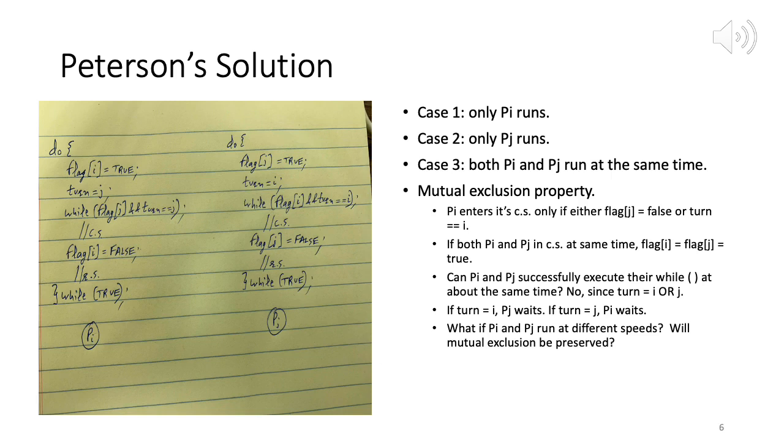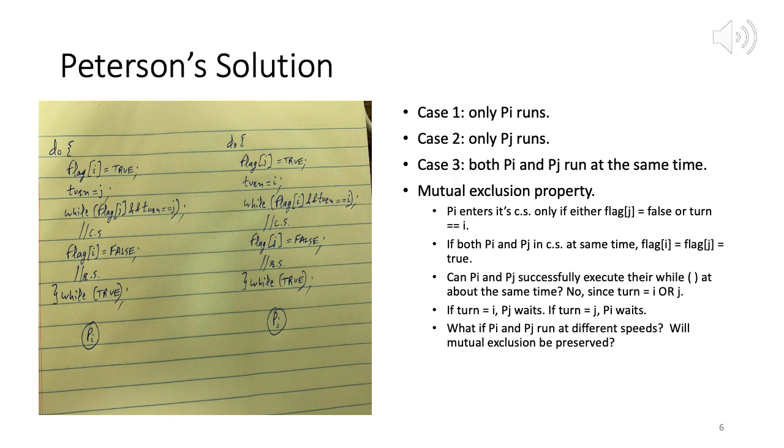So maybe Pi runs first, it sets turn = j, then Pj runs, it sets turn = i. Either way, the value of turn will be i or j. Which means, can both of them be in their critical section at the same time, both Pi and Pj?